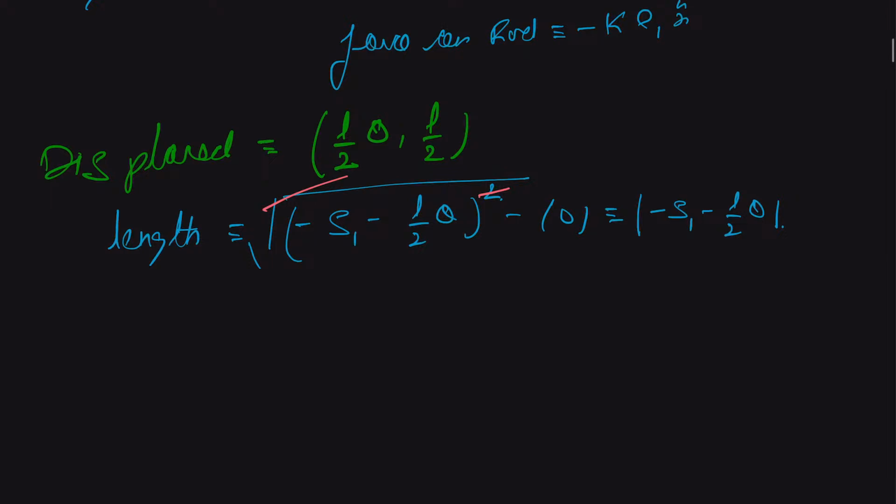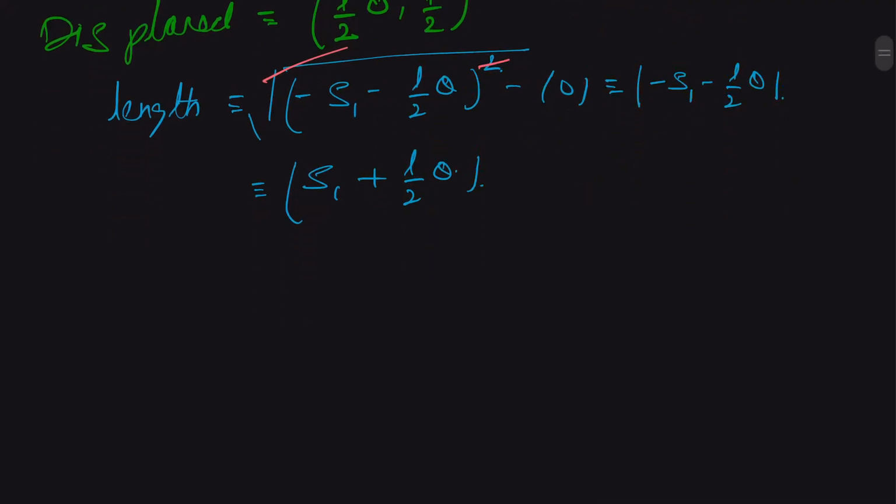And this negative sign has significance only with respect to the direction, so we can say this will be equal to S1 plus L by 2 times theta. Therefore we can approximate that our new extension will be approximately equal to E1 plus L by 2 times theta.